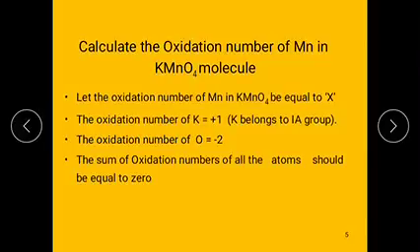Next, the general oxidation number of oxygen is minus 2. The sum of the oxidation numbers of atoms in a molecule should be equal to 0.